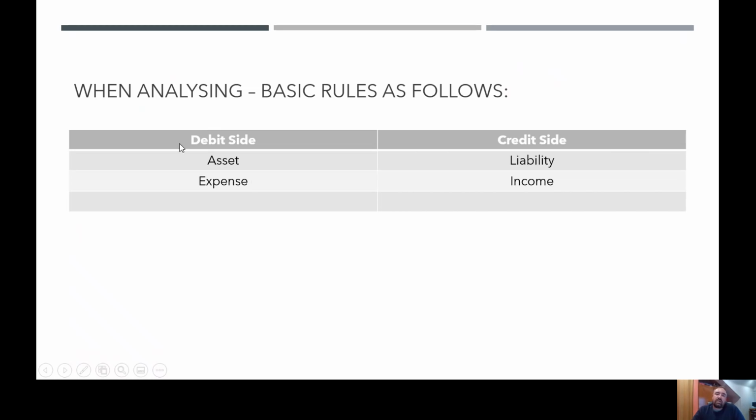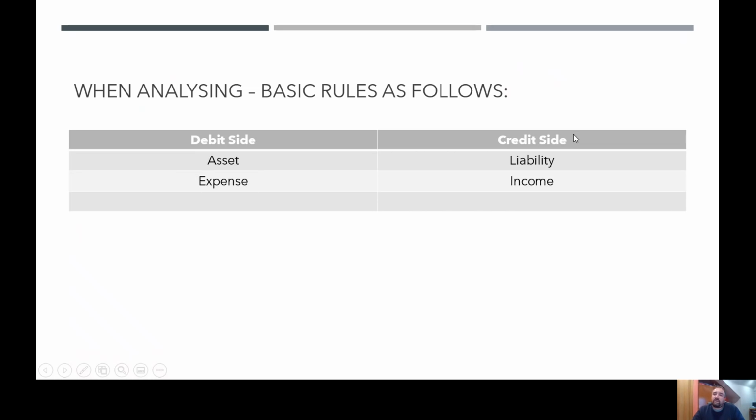So if a T account has a closing balance on the debit side, you need to ask yourself, will I in future receive benefits because of this? If yes, then I classify that T account as an asset. If no, then I classify the T account as an expense.